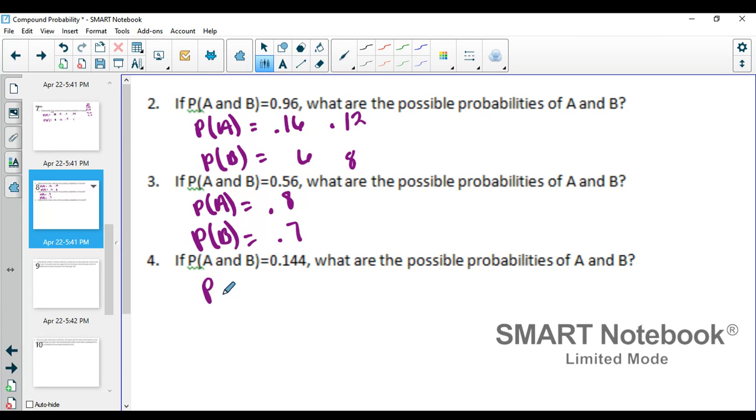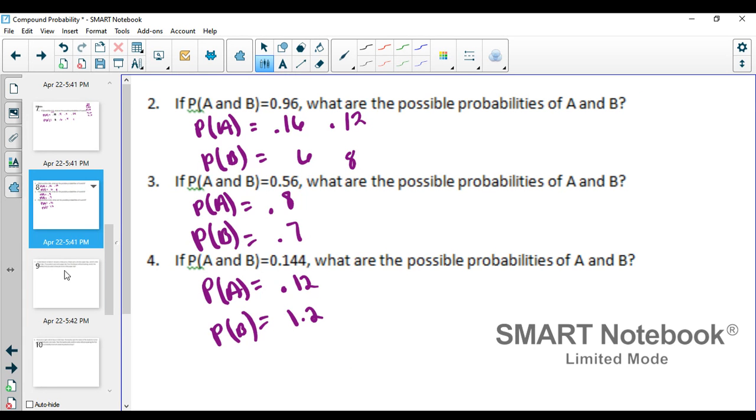All right, so then our last one, we have the probability of A and the probability of B together is 0.144. 12 and 12 are possible choices, so we could make it 0.12 and 1.2 so that we get 3 decimal places. Okay. As long as your multiplication combo is 0.144.